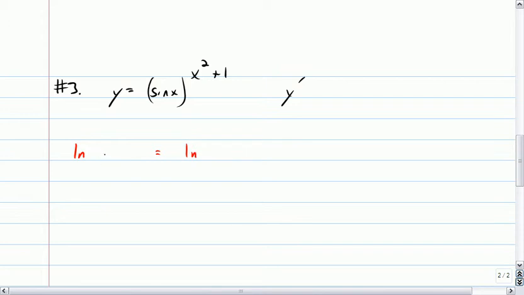So ln y is the natural log of sine x to the x squared plus 1. This exponent gets to move out in front of the natural log, so x squared plus 1 now sits in front of natural log of sine x.